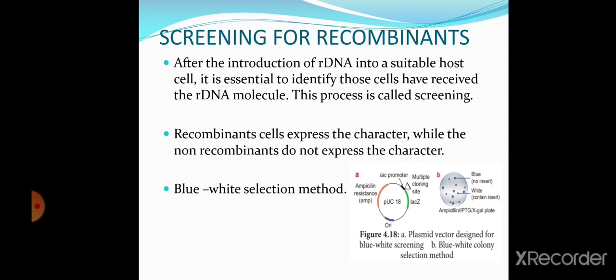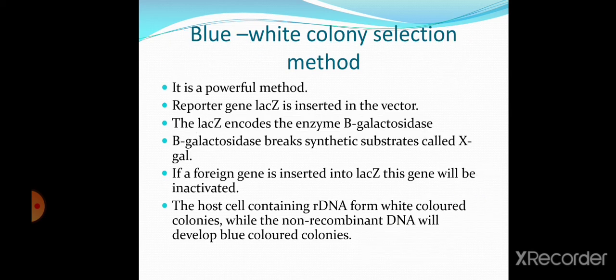One of the best methods to find whether the recombinant is present or not is the blue-white selection method, the blue-white colony selection method. It is a powerful method used for screening of recombinant plasmids. In this method, a reporter gene LacZ is inserted in the vector.